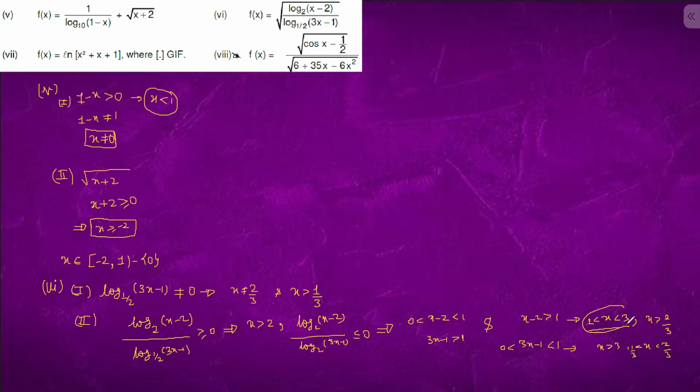This is the one solution, this is the one domain. So we are telling that x should be bigger than 1 by 3, x should be bigger than 2, and x should be bigger than 2 and less than 3. So this is the final domain. x bigger than 2 and less than 3 is the answer.